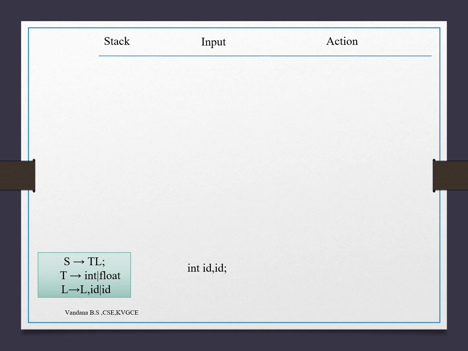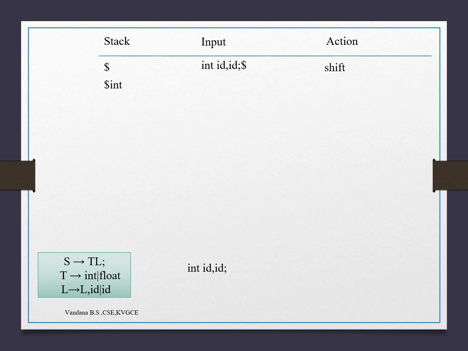Initially, what is the content of the stack? Dollar, and the input is int ID comma ID semicolon dollar. What is the action? Shift. No confusion, because int is pushed onto the stack. Shift means push operation.